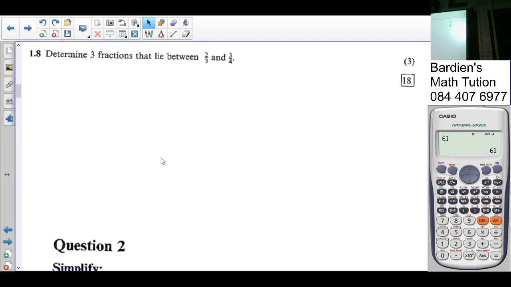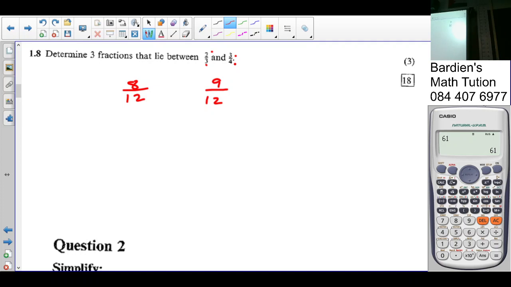So to find 3 fractions between this, what we do is we find the LCM first. What's the LCM? 12. So you multiply that by 4, so you get 8. You multiply this by 3, you're going to get 9. That's all.